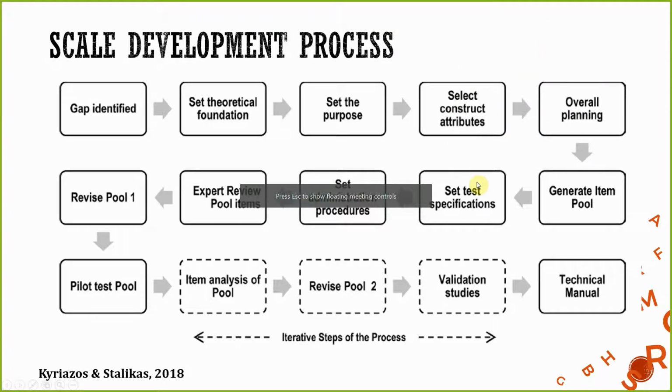For instance, I'm interested in developing a scale for university social responsibility. So I want to focus on just 3 or 4 aspects of social responsibility in university. I want to focus on the social aspect, the legal aspect, the ethical aspect, the philanthropic aspect, or maybe the community aspect.